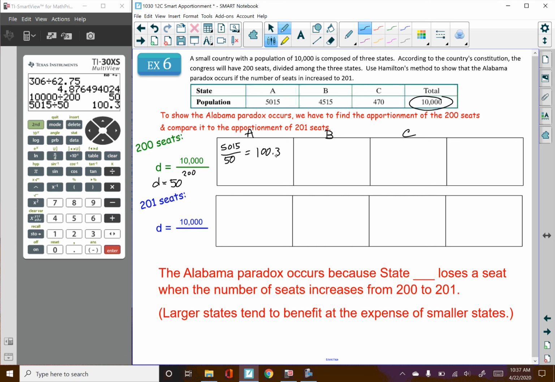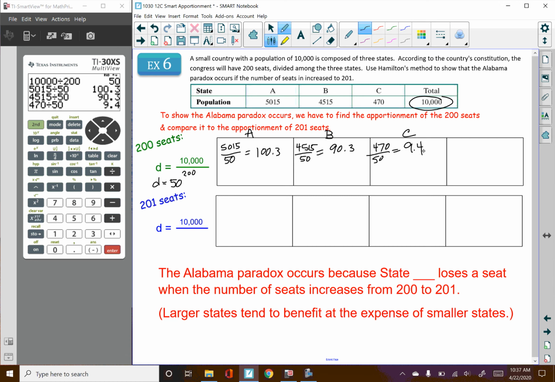We just continue doing that for all of the states, dividing by the standard divisor. State B is 90.3, and state C is a small one, 9.4.